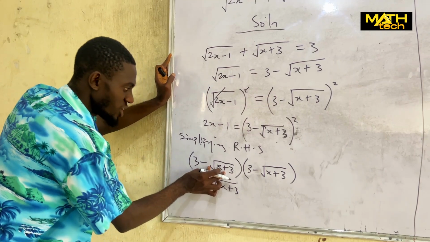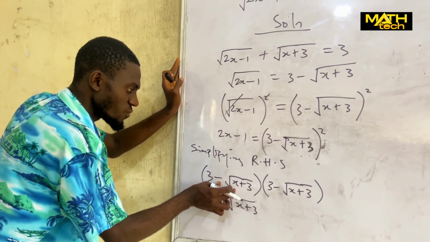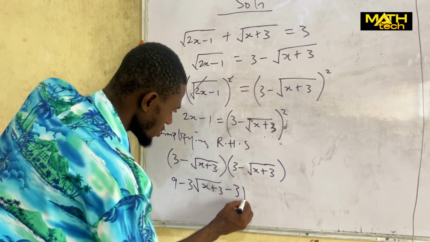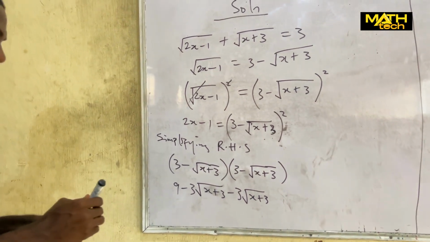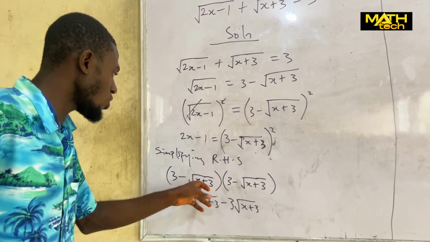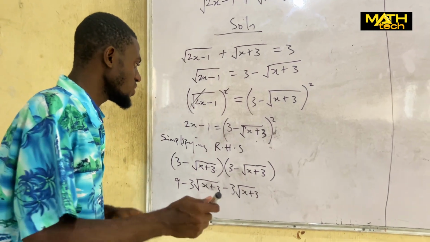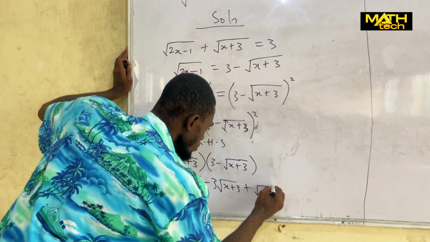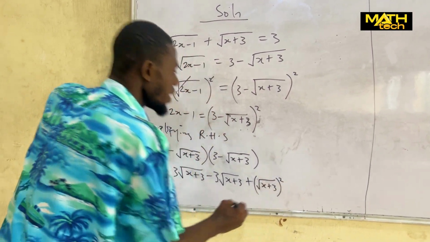Then we use the second value, negative square root of x plus 3, times 3 gives us negative 3 square root of x plus 3. And negative square root of x plus 3 times negative square root of x plus 3 will give us positive square root of x plus 3 squared.